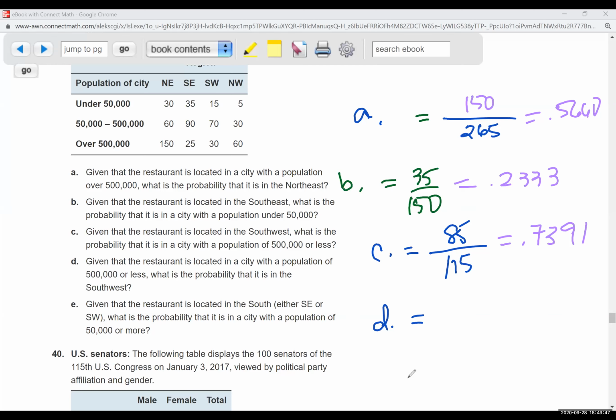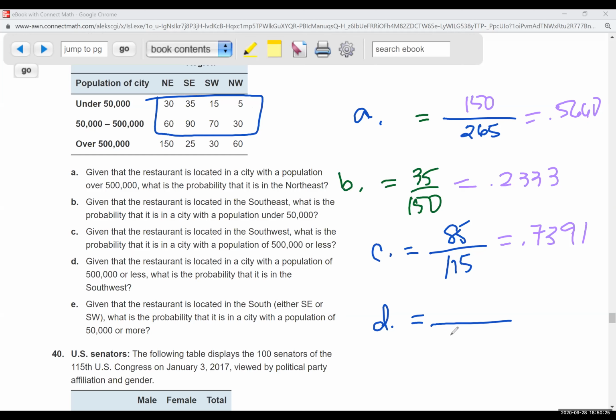So the 85 divided by the total from NE, SE, SW, and W for just the first two rows, the two rows less than 500,000. So you just have to add all these numbers.